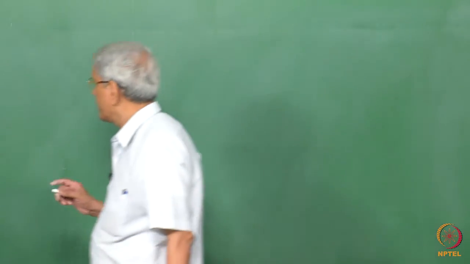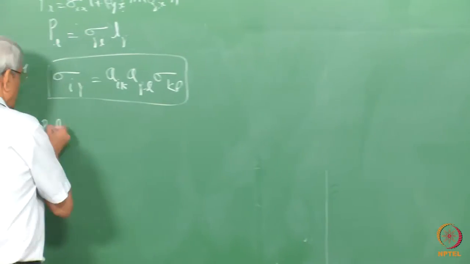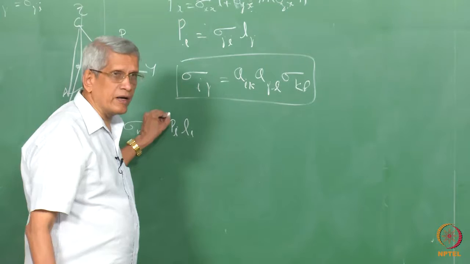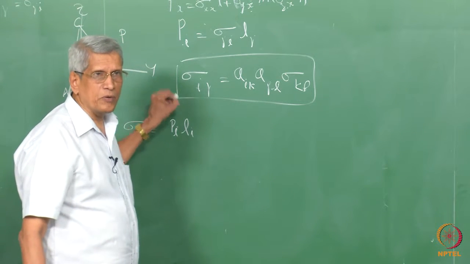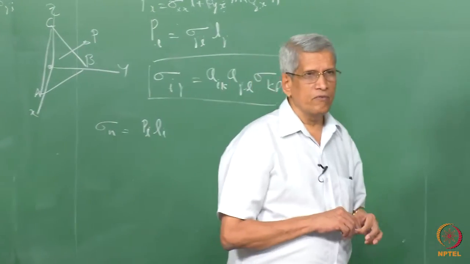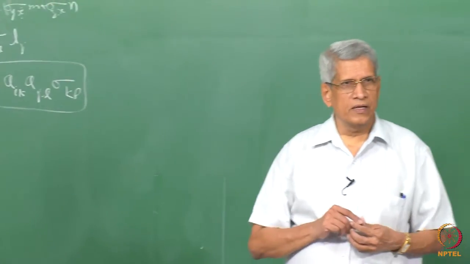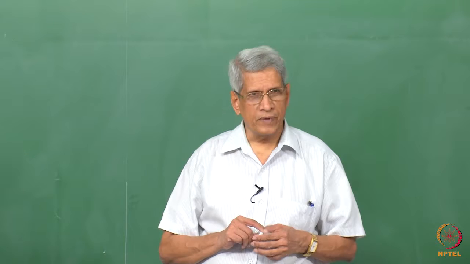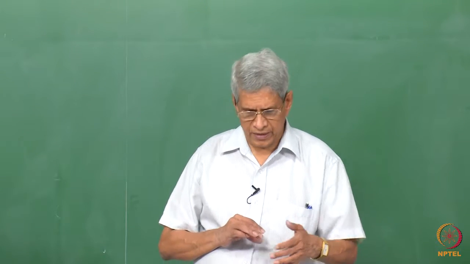So then we can find out the component of Px, Py, Pz in the plane normal direction. When we add them together, we get the normal stress, correct? That is essentially what is being written.